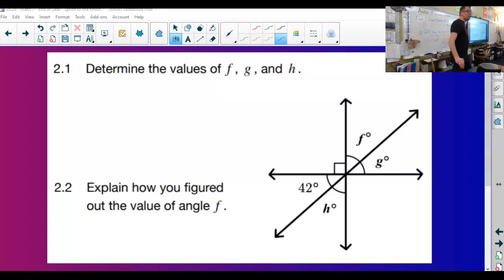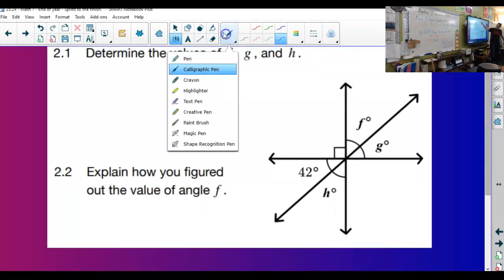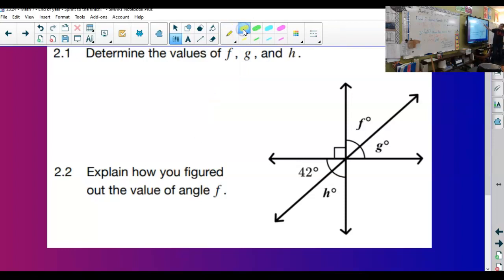Guys, in your head, or literally on the paper, or on the Desmos, you need to be color coding things to make your life easier. I need to give these lines colors.